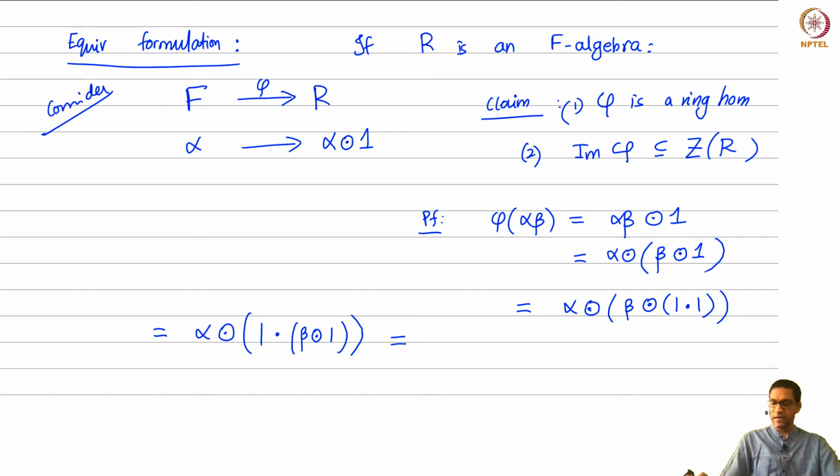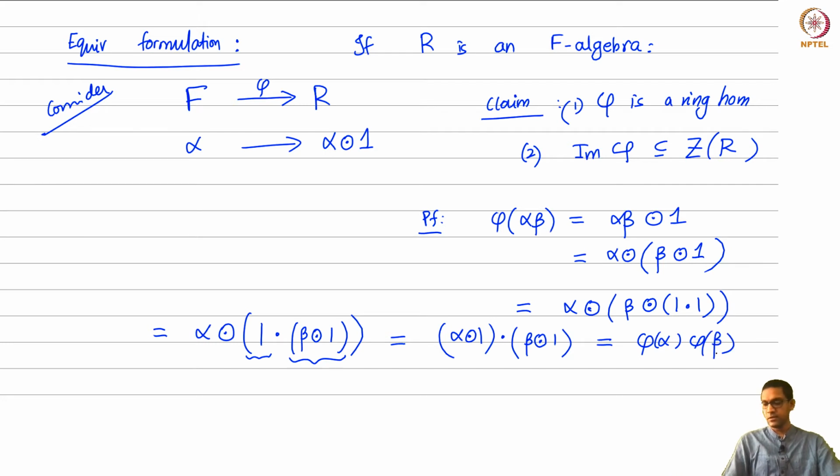Now finally, think of this as some ring element, and this as some ring element, and alpha scalar multiplying that is the same as alpha multiplying the first element and that multiplied by the second element. So this is exactly phi of alpha, phi of beta, which shows one of the properties of a ring homomorphism.